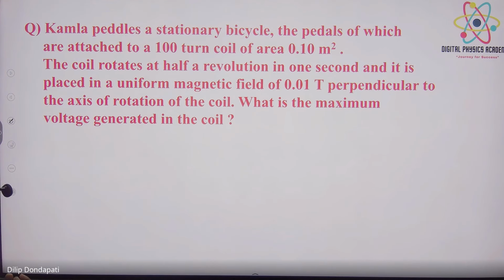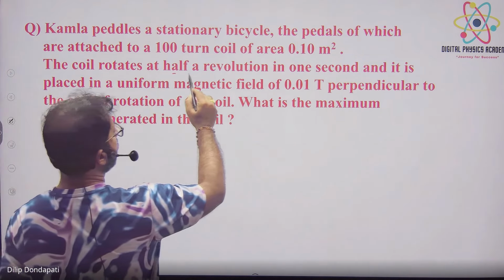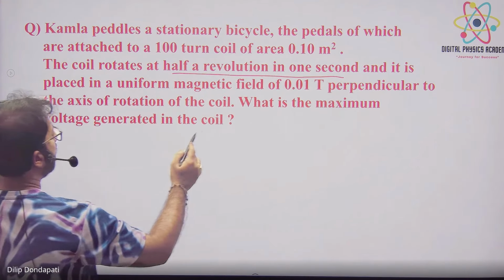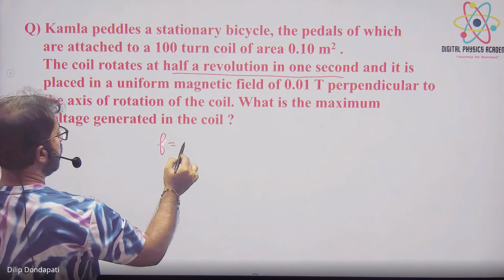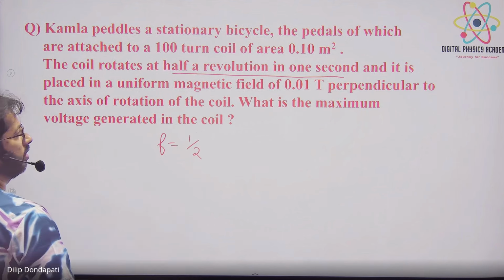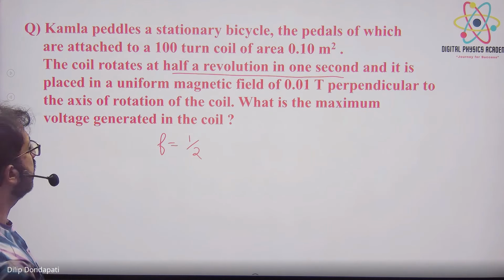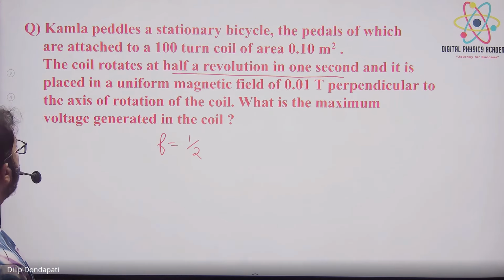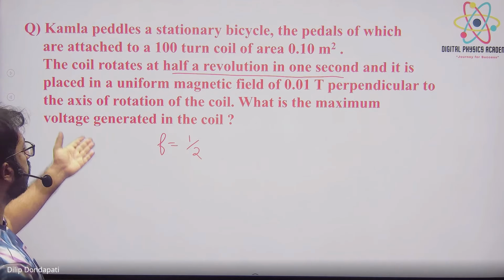Next. Kamla pedals a stationary bicycle, the pedals of which are attached to a 100 turn coil. Area is given. The coil rotates half a revolution in 1 second, meaning frequency is given as half revolutions per second. It is placed in a uniform magnetic field perpendicular to the axis of rotation. What is the maximum voltage generated in the coil?